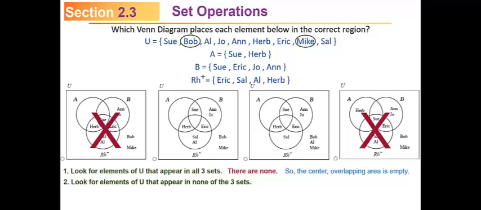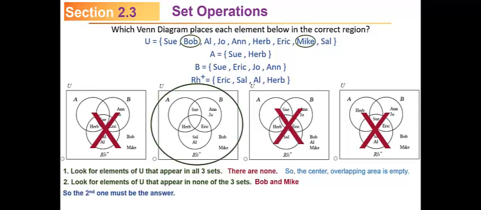If you go one by one, the others are in at least one of those sets. So Bob and Mike are the only 2 that don't appear in any of the 3 sets, and that knocks out the third choice and leaves you only with the second choice, which shows Bob and Mike outside of all 3 circles. So that tells you that the second choice must be the answer.